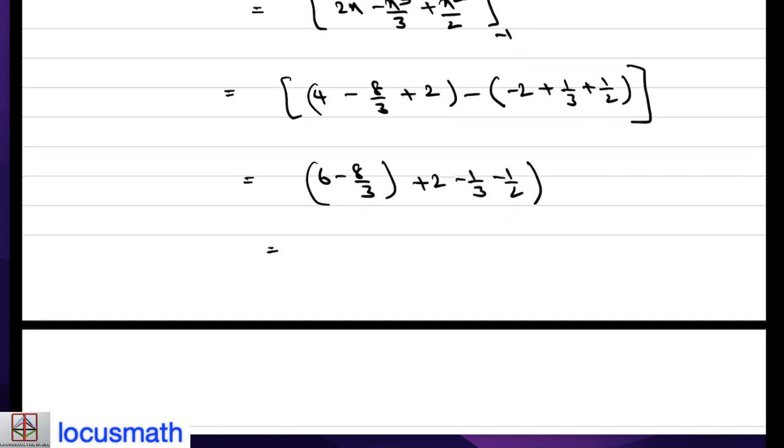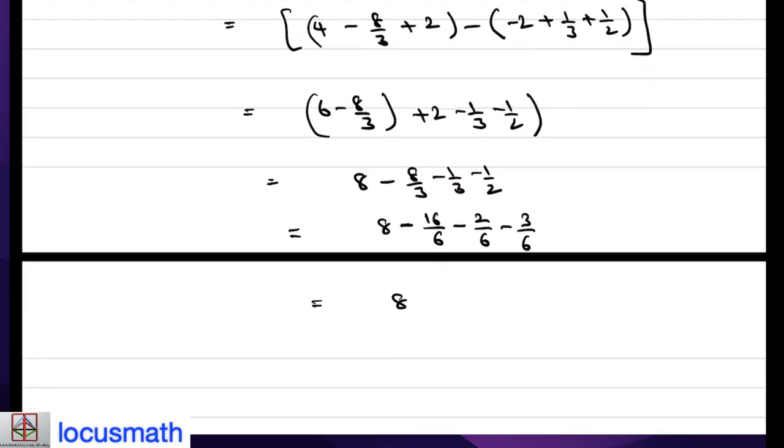So this is equal to 8 minus 8 by 3 minus 1 by 3 minus 1 by 2. If you make the denominator the same, this is 16 by 6, multiplying and dividing by 2, here 2 by 6 minus 3 by 6.